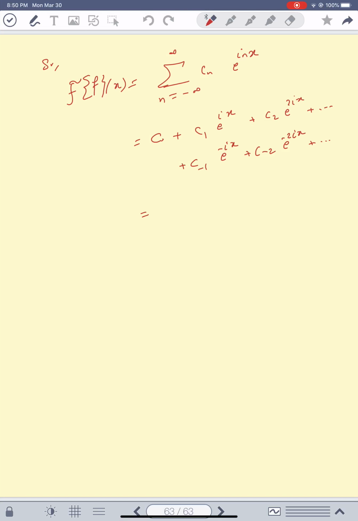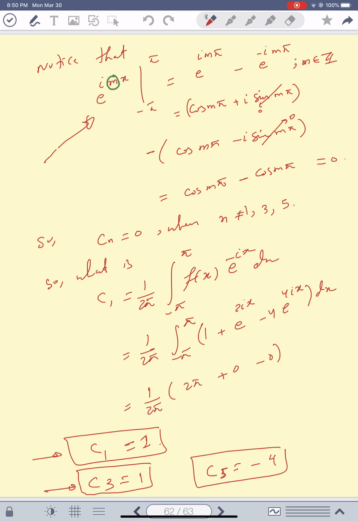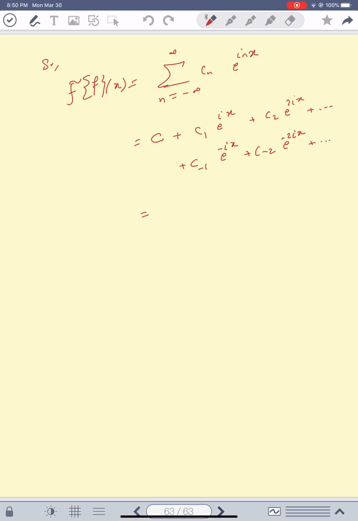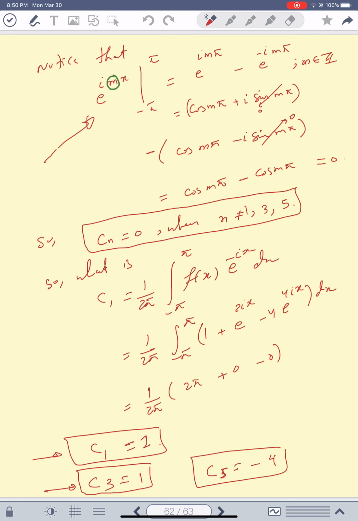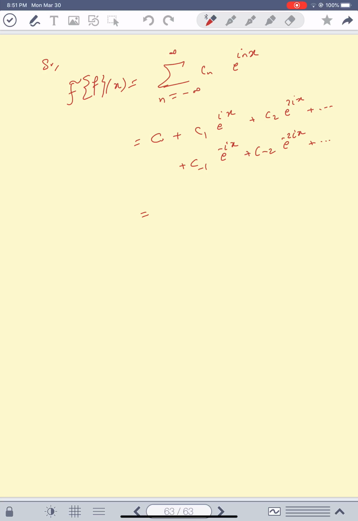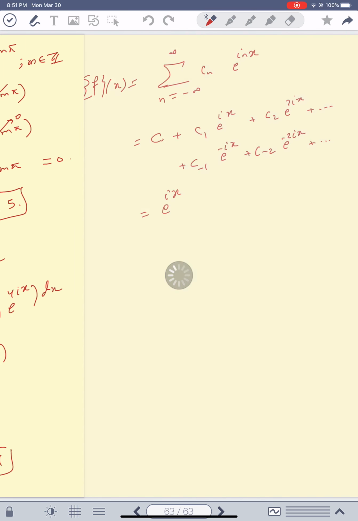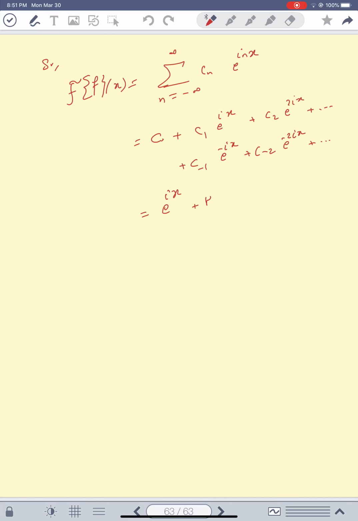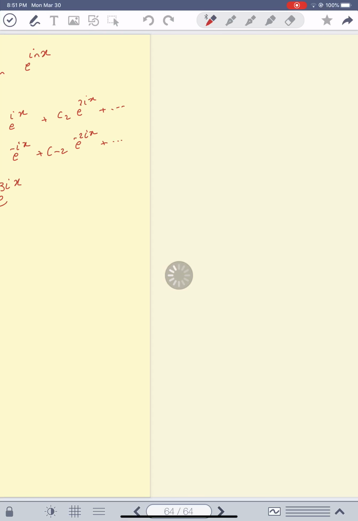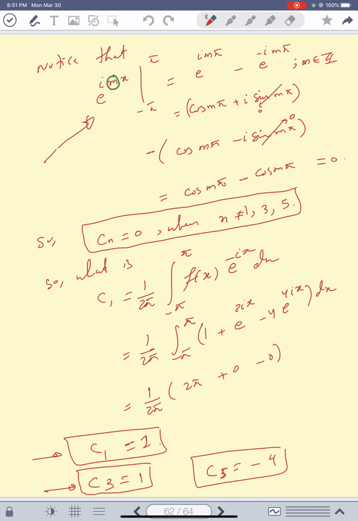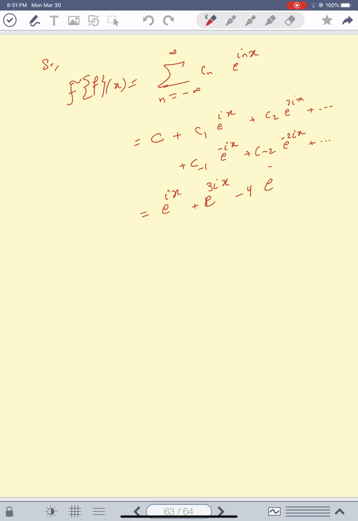Then you say, okay, what is C0? Remember this, all the C's are zeros, except C1, C3, C5. So C0 is 0, C1 we found as 1, so this will be 1 e to the ix, C2 is 0, C-1 is 0, C3 is 1, so 1 times e to the 3ix, and C5 is -4, so -4 e to the 5ix.